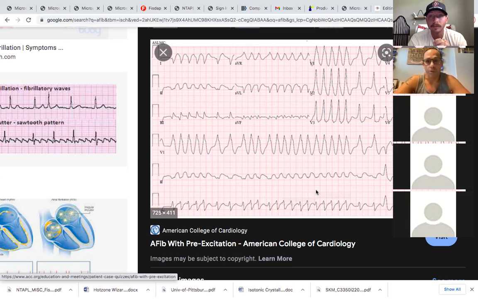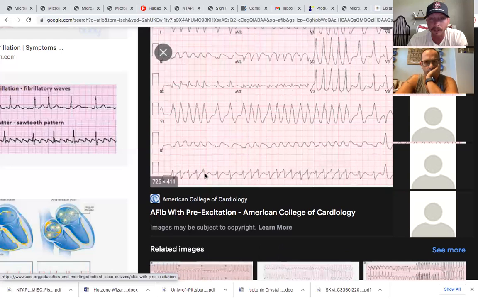I mean, mine wouldn't. Okay, and I'm assuming it's because you're being drawn right here. You see that, this is like, wow, that's wide, right? And it looks regular. Well, let's take a deeper look at it, right? And we have a long running strip of lead 2 down here. Look at your R to R intervals. What are they doing?